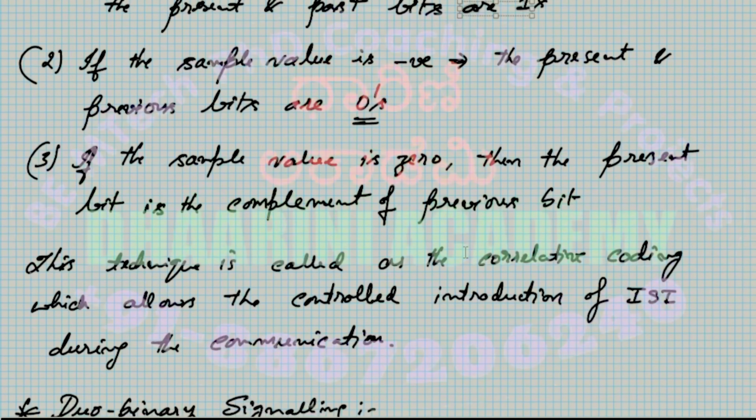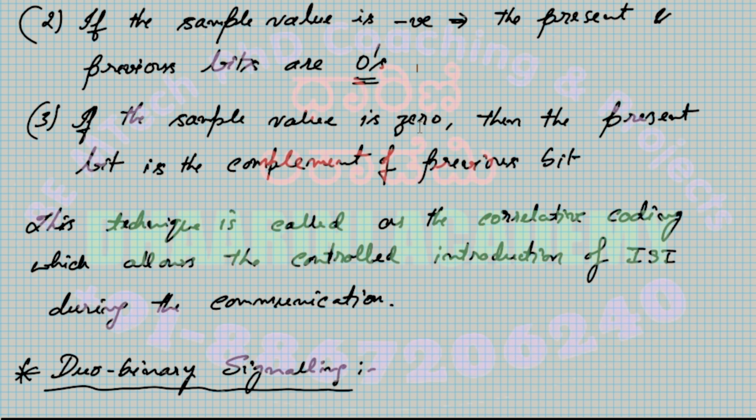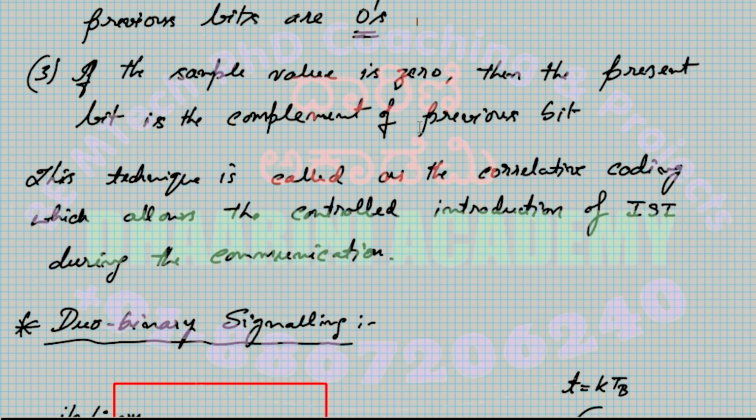At the same time, let's go to the same sample at Tb, and I find that this sample is negative. Whenever that is negative, the present and the previous bits are zeros. Whenever they are 0, they have negative amplitude, say minus A, so you got a minus 2 answer.